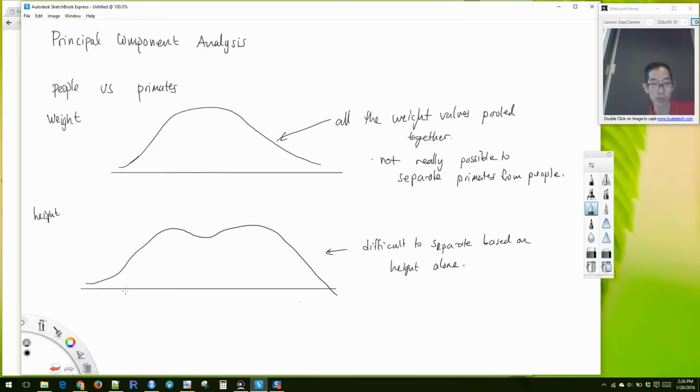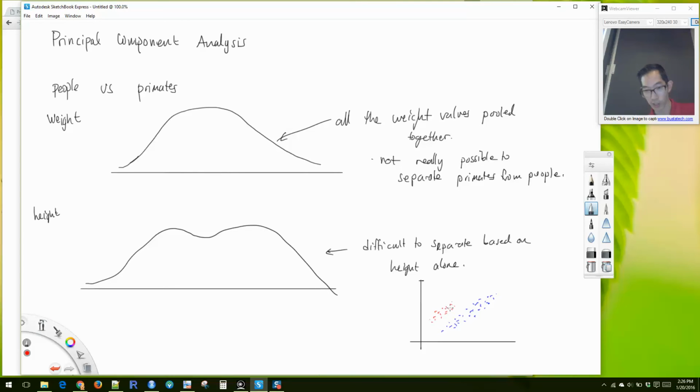But if we graph these together, what we might see is humans forming something like this, and then the primates might be something like this.